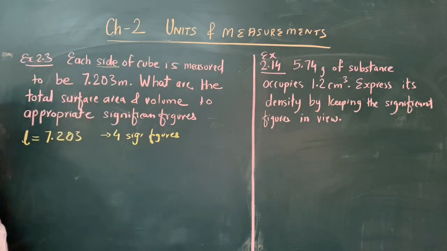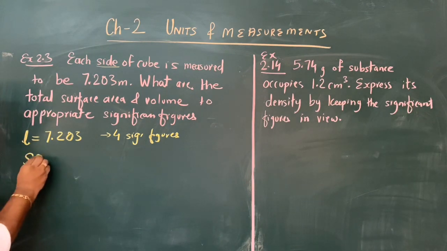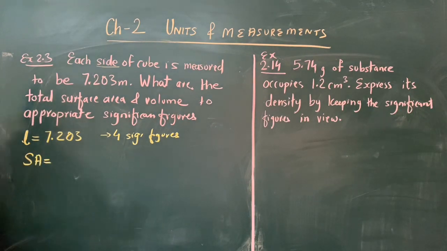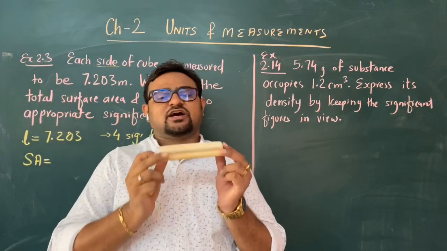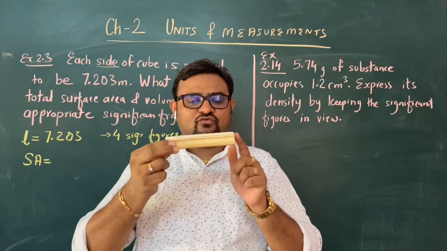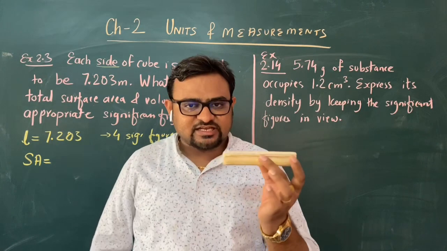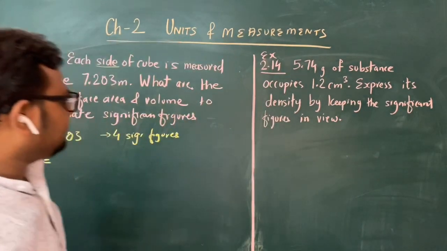What do you have to find out? Surface area and volume. So what is the formula for surface area? Okay, how many surfaces does a cube have? If I take this as a cube, it is having one, two, three, four, five, and six surfaces. Clear? So, what will be the formula for surface area?